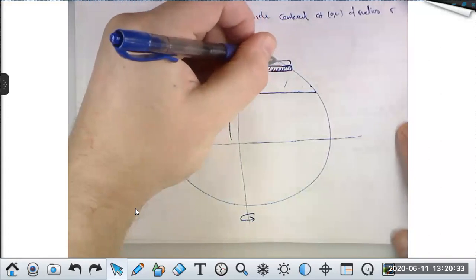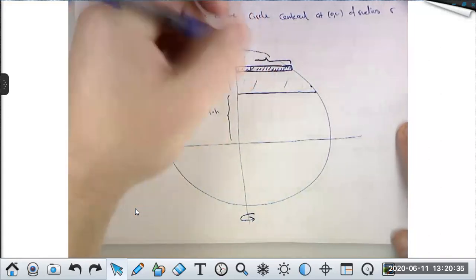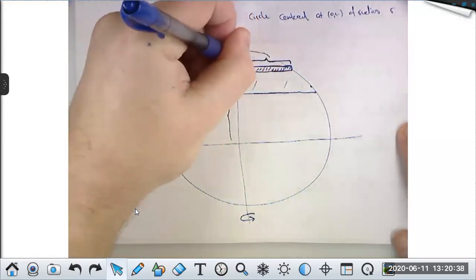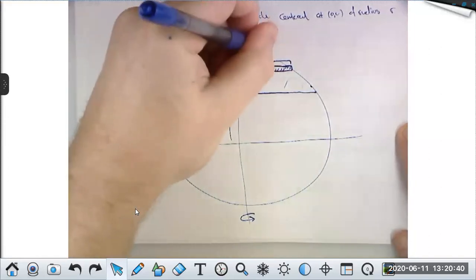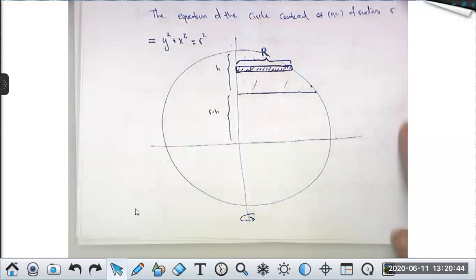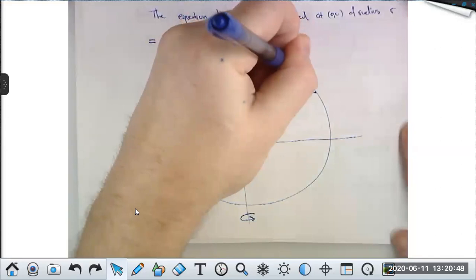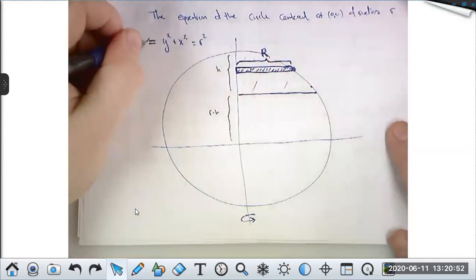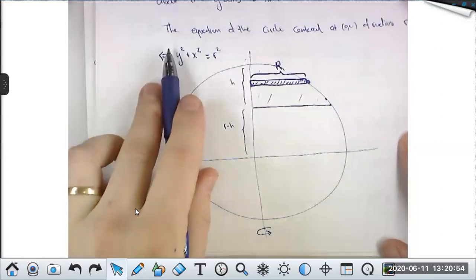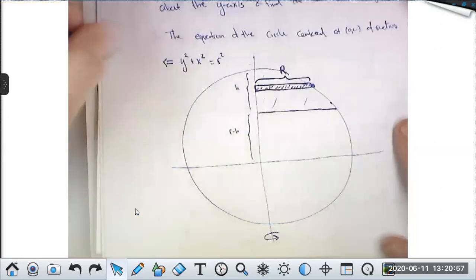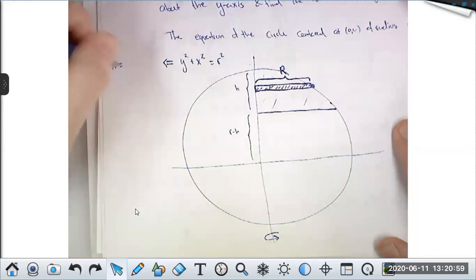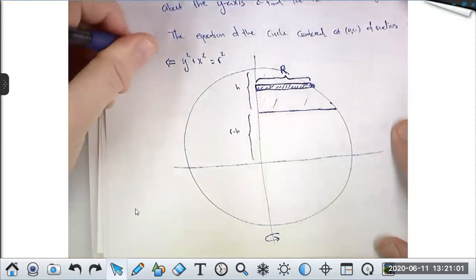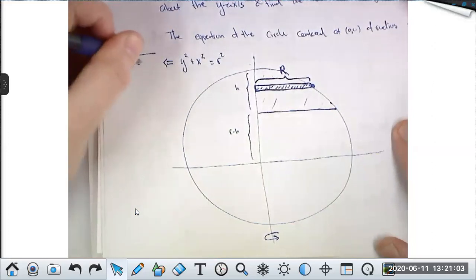To rotate this guy, I will need the distance from the end of the strip to the axis of rotation, which is the thing we usually call big R, which means I need to know what this looks like in terms of x and y. I'm going to take this equation and solve it for x. This is the same as saying x is the square root of r squared minus y squared.